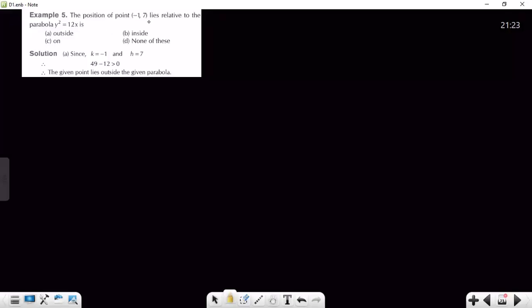So here we check the position of a point relative to this parabola. Instead of y square, I'll put y. 49 minus 12 into x, x is minus 1. 49 plus 12, which is actually greater than 0, means positive.